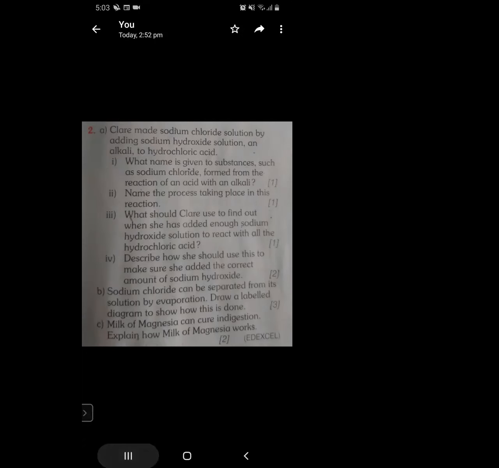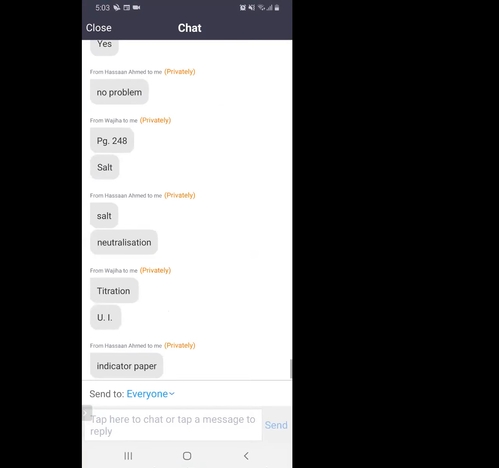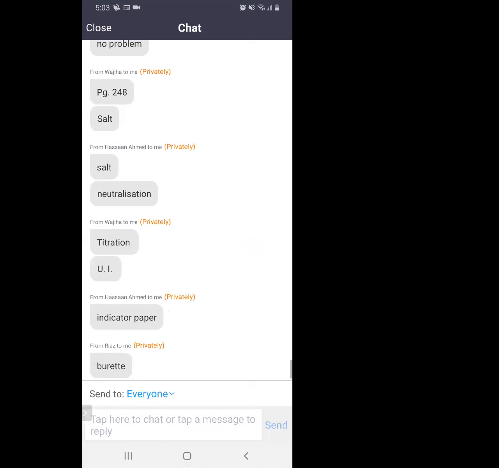So now she should be using what? Burette, and first of all, she will add a few drops. By few, I mean 2 to 3 drops of indicator. And then you will add the sodium hydroxide.